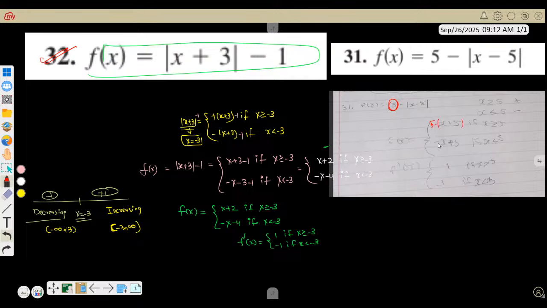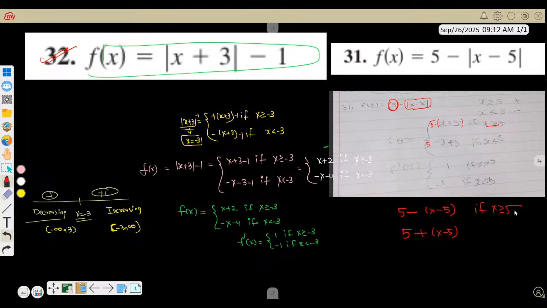Like this. And also 5 here. But this time this bracket is negative, so the outside becomes like this: 5 minus this bracket, which is positive when x is greater. Everything is correct, but you missed something here. Minus 5. And for the second one, 5 minus, right now this bracket is negative, so negative becomes positive, x minus 5. You got it?